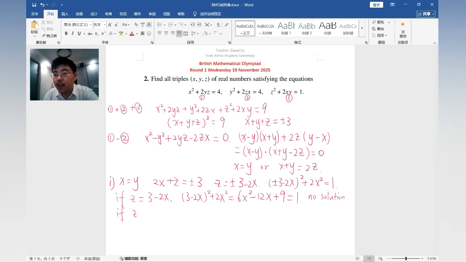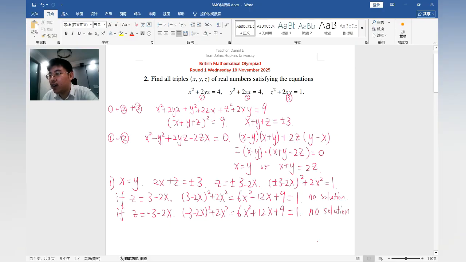Similarly, if z equals to minus 3 minus 2x, then we know here. So similarly, no solution again.